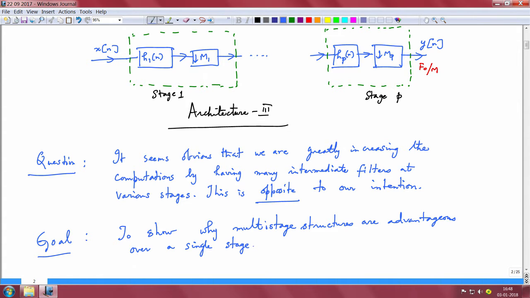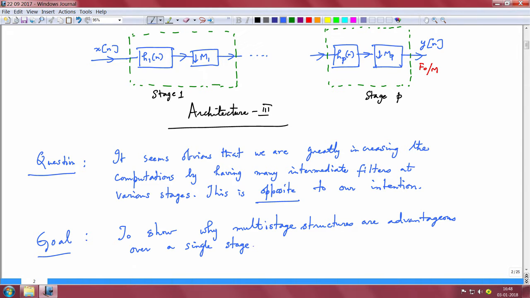So, the question is, if I use a single stage, we know obviously that the filter order would be very high, but using multi-stage designs, is it somehow possible to reduce the filter order? That is the key thing here. If you realize, you would reduce the filter order somehow using lower order filters at various stages, yet you have to accomplish the specifications of what is required for your design.